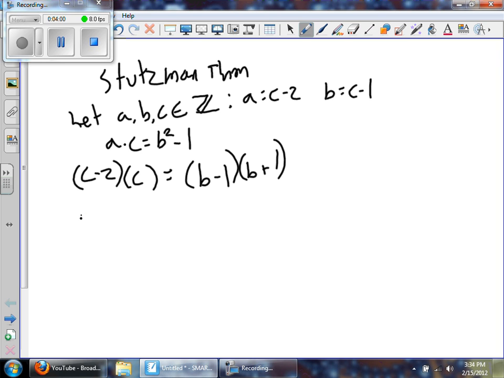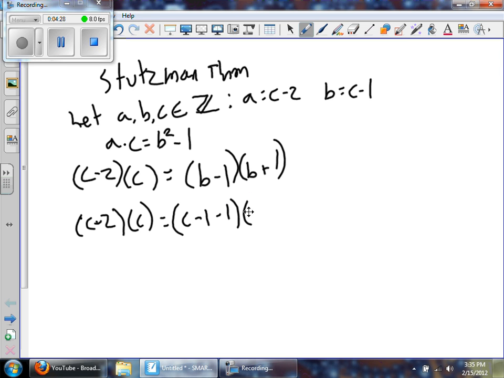The left-hand side, as I said, is going to stay exactly the way that we have it: C minus 2 times C. Now on the right-hand side, we actually have an expression for B. B is, as we see over here, C minus 1. So I'm going to substitute C minus 1 in for B. Now I know I should be a little bit more careful with my parentheses, but because B is positive, I don't have to be as cautious.